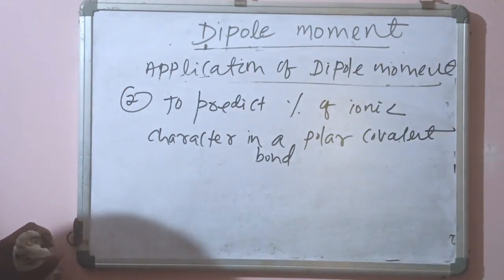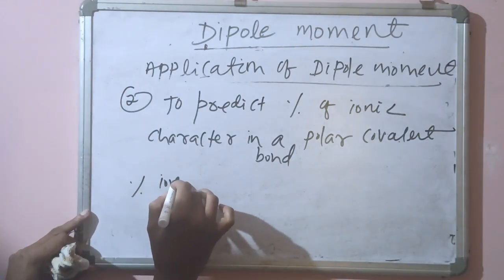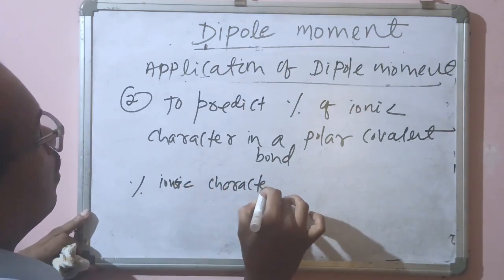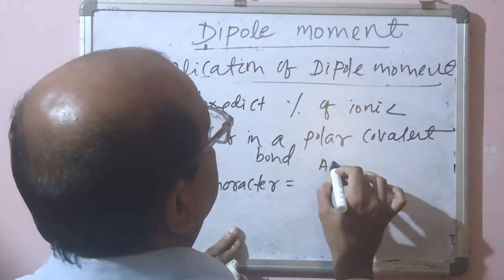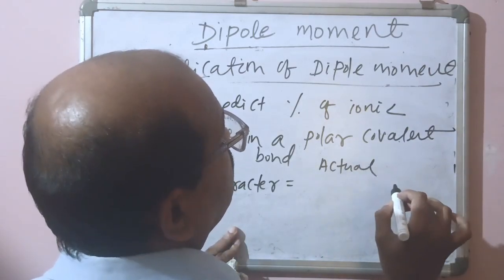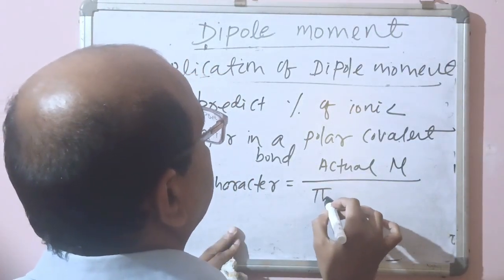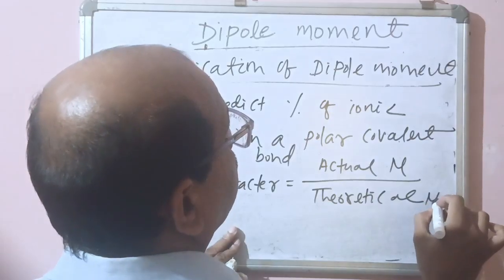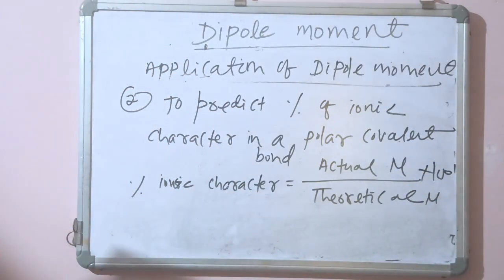Percentage of ionic character is the actual dipole moment, that is the observed dipole moment, upon the theoretical dipole moment, into 100. The ratio will determine the percentage of ionic character present in a polar covalent bond.